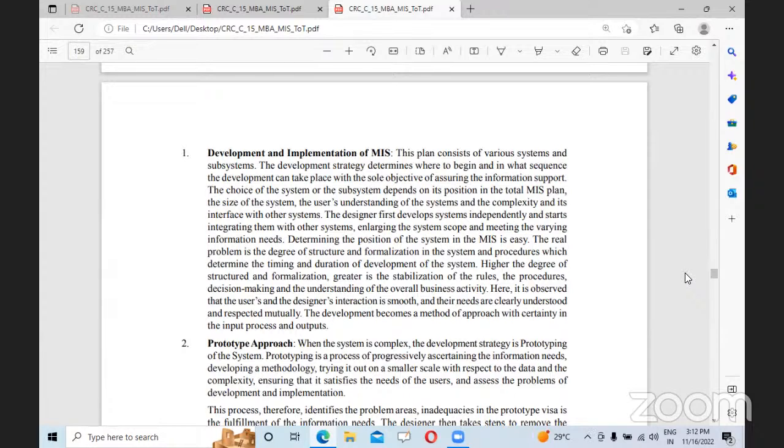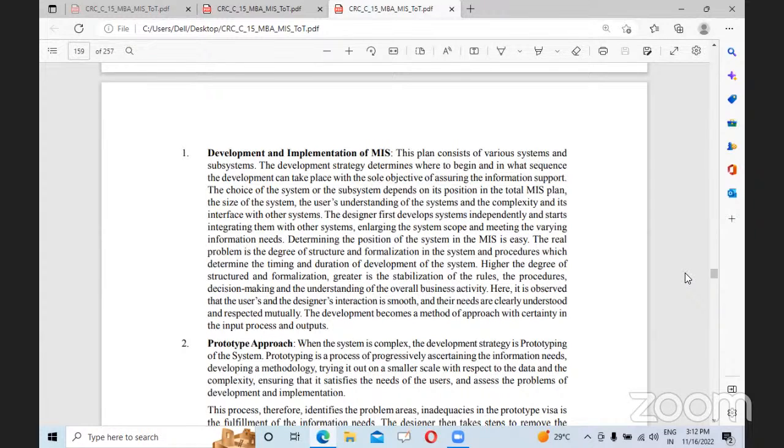The choice of the system or the subsystem depends on its position in the total MIS plan, the size of the system, the user's understanding of the system, and the complexity and its interface with the other systems. The designer first develops systems independently and starts integrating them with other systems, enlarging the system scope and meeting the varying information needs. Determining the position of the system in the MIS is easy.